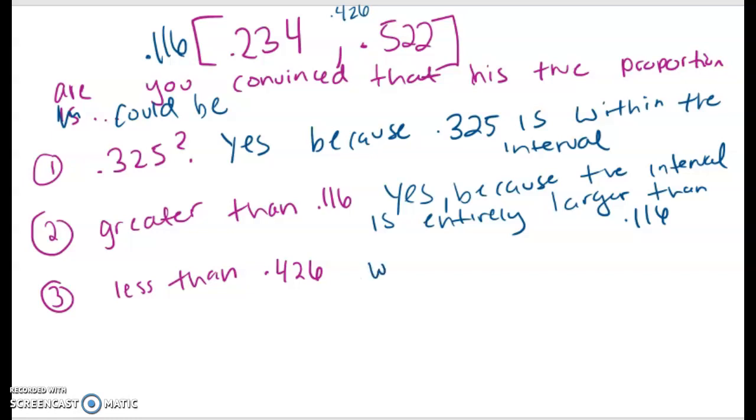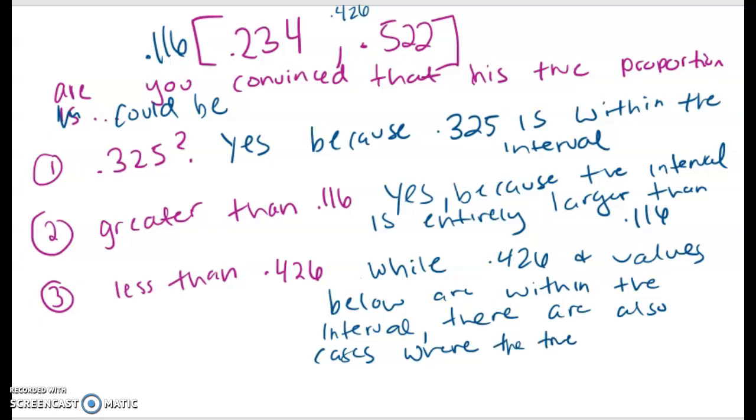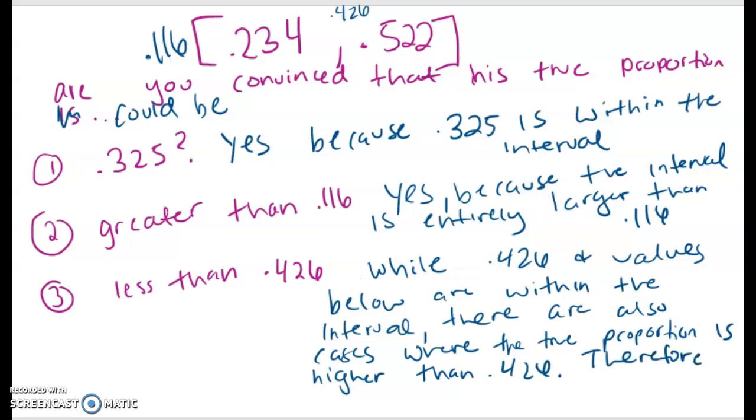I'd say, while 0.426 and values below are within the interval, there are also cases where his true proportion could be higher than 0.426. So therefore, I'm not convinced.